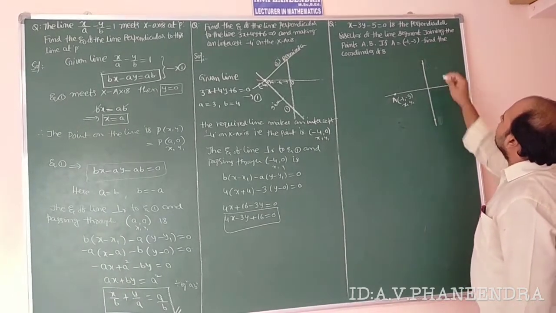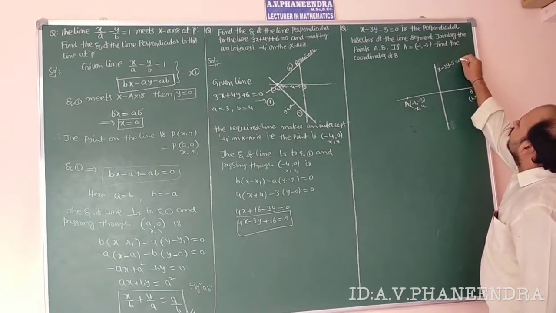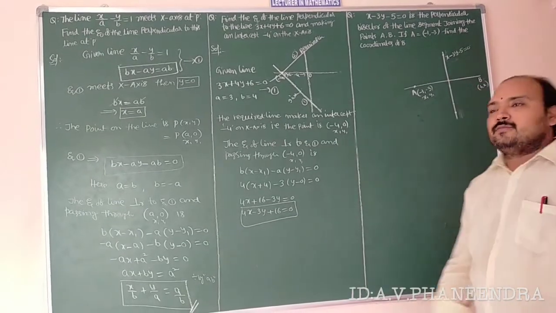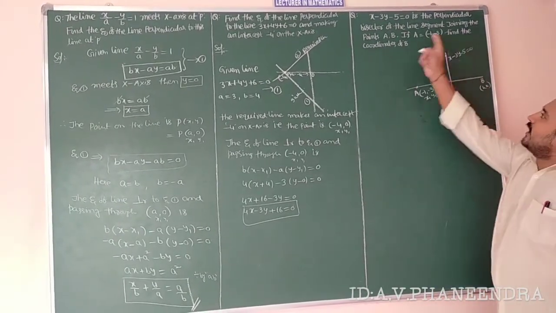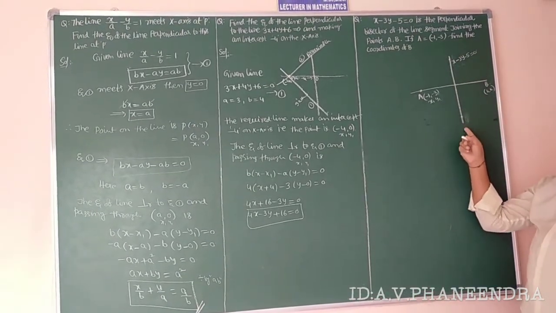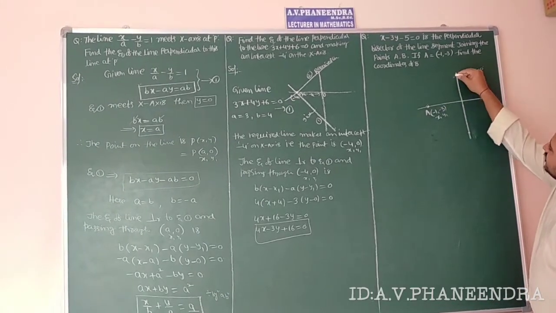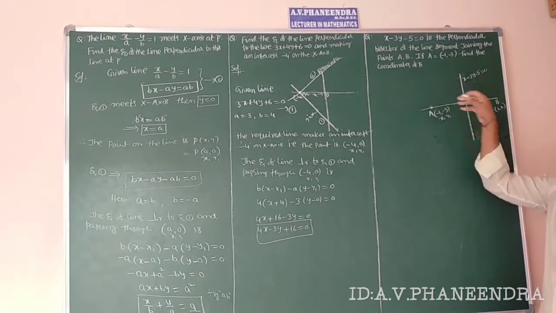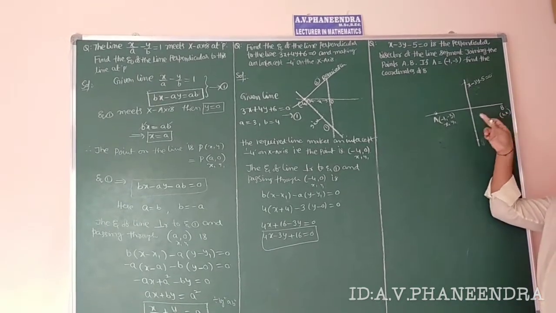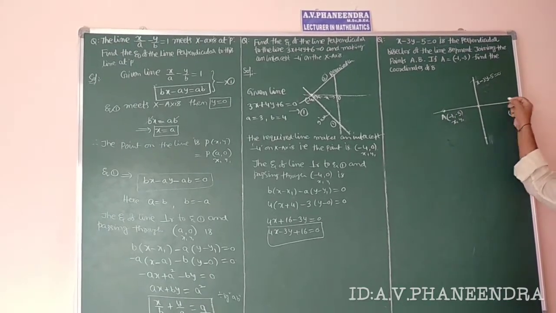This perpendicular bisector is given as x - 3y - 5 = 0. The diagram looks like this, we can also take a rotation. So to get the coordinates of point B, whenever this line is a perpendicular bisector, if you take one point on it, the distance from here to here should be equal to the distance from here to here, PA equals PB. That is the reason this line is the perpendicular bisector. So B is the image.